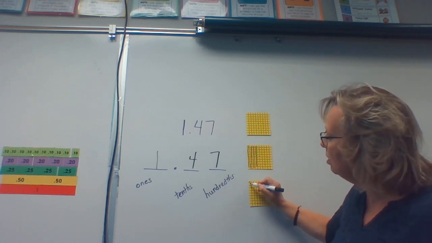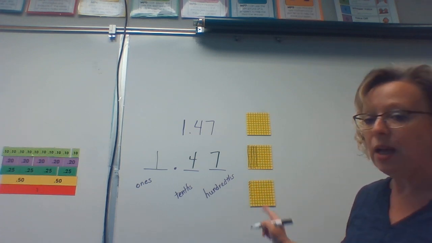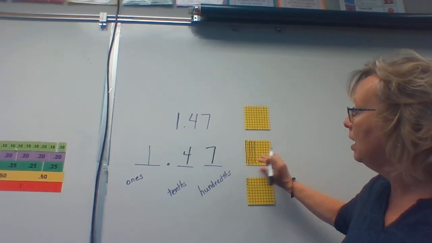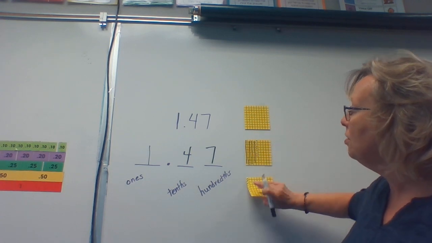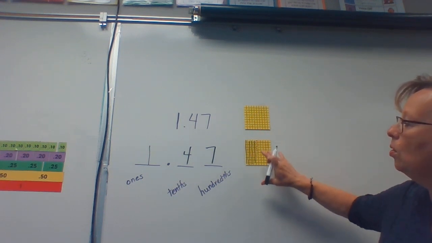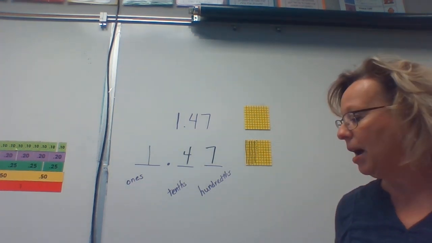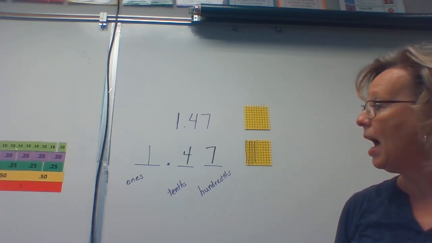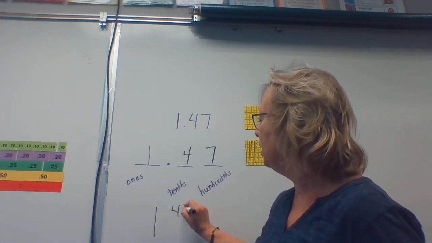And then 7/100 would be 1, 2, 3, 4, 5, 6, 7. 1 and 47/100. We could also say that could be 47, 1, 2, 3, 4, 5, 6, 7. It could also look like that, where I would just add my hundredths to this. So 1 whole and 47/100. So that's the thing to remember about our decimals. And also how that might look as a fraction would be 1 and 47/100.